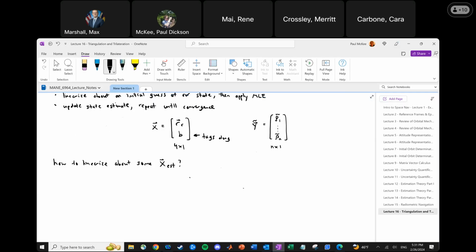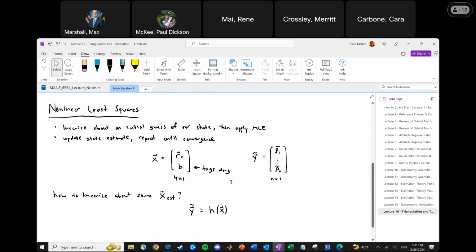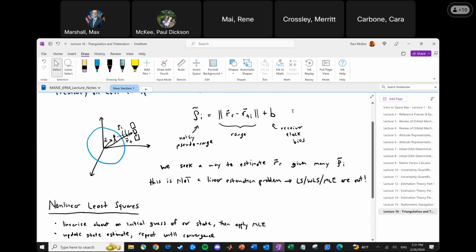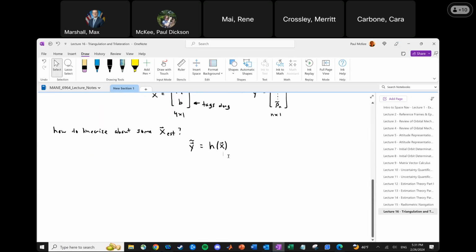So if Y is some nonlinear function of x, which looks like this, by the way, the norm of R minus R plus B, that's this. Well, then Y is equal to Y estimated, which is Y of X estimated.